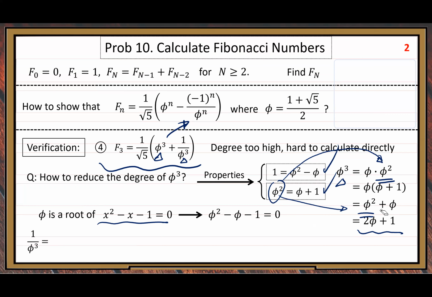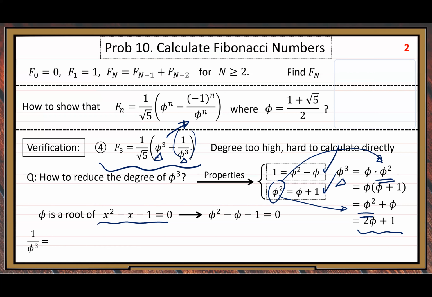That's the first case. But in the second case, we need to represent 1 over phi cube. This time, the high degree term appears in the denominator. Now we want to bring down the degree of a term in the denominator. That's a little harder than the numerator.